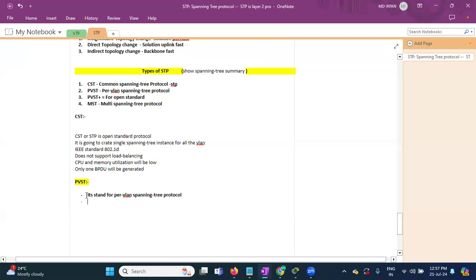It is going to create multiple instances. For example, if you have 10 VLANs, then 10 instances will be created.